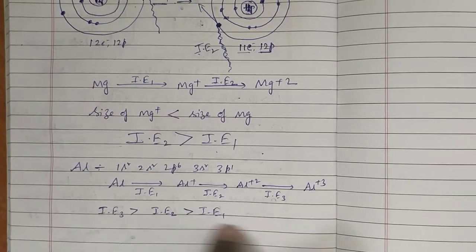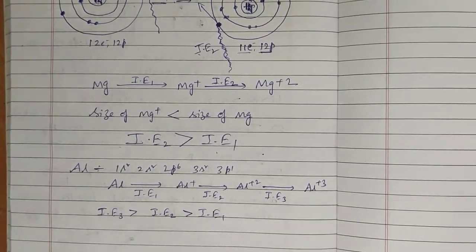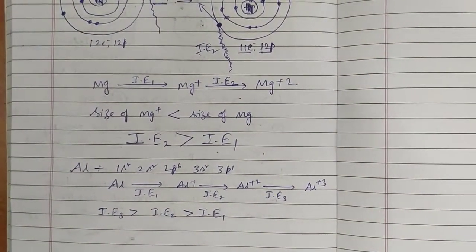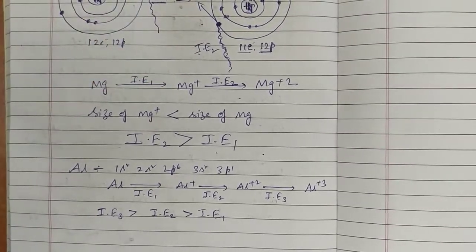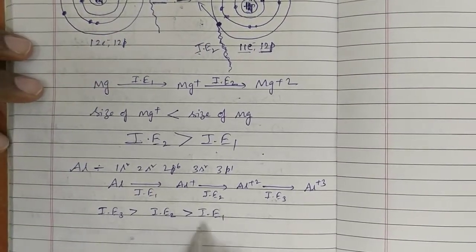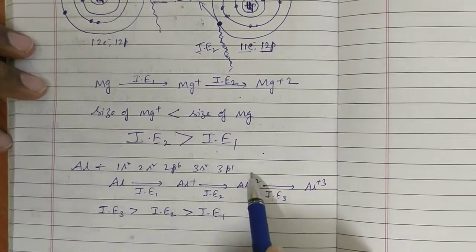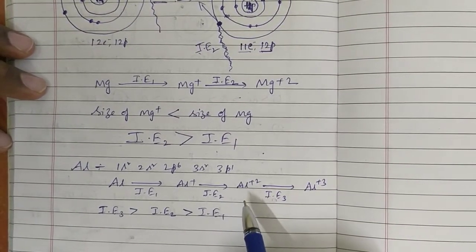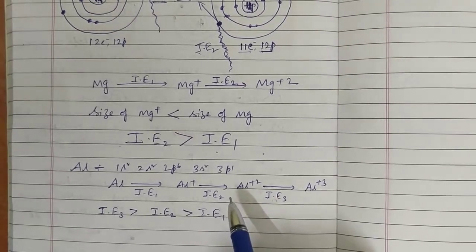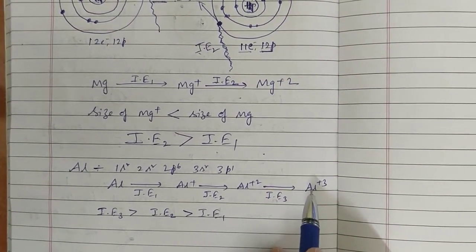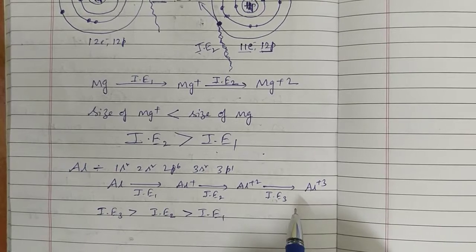Every time, these important points you have to remember carefully. Aluminium has three ionization energies: IE1, IE2, IE3. From Al2+, if you want to remove an electron, it is very difficult because that outermost electron is very strongly attracted by the nucleus.